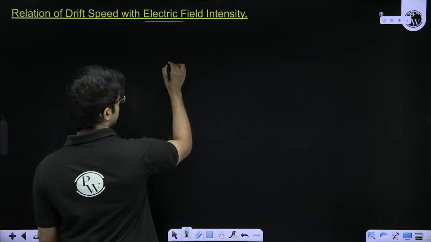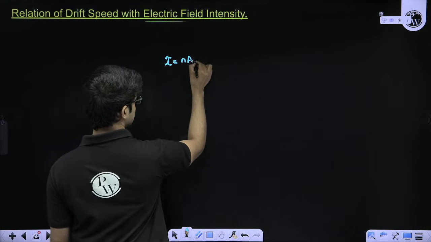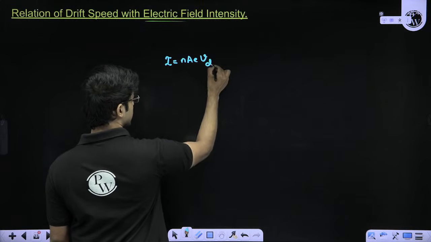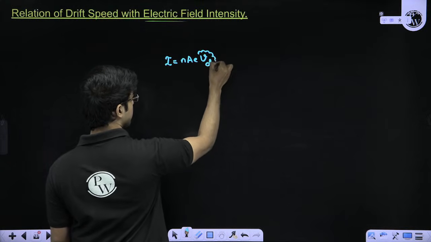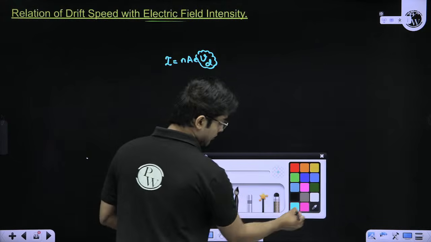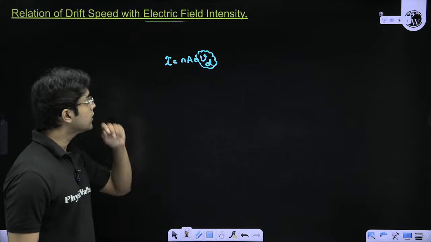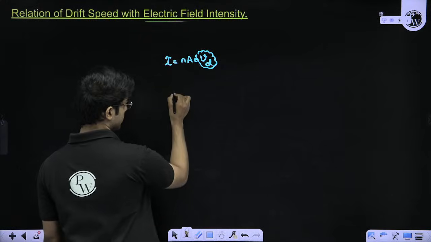So we saw how current and drift speed is related, right? There is also a relation between this drift speed and the electric field. Now the derivation for this is slightly lengthy, so I'll just mention the result here.